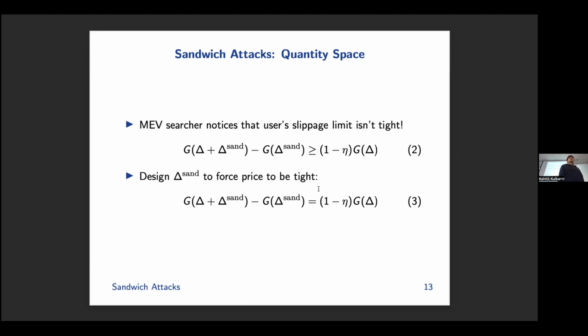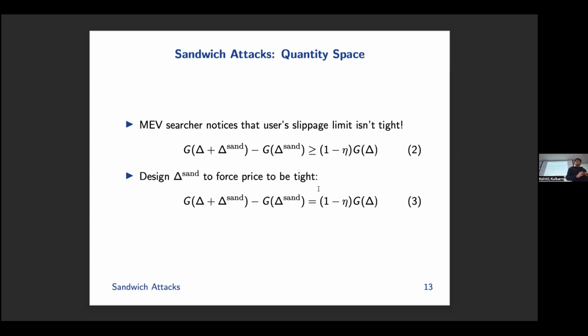Yes, there are cases where the sandwich attacker estimates a smaller eta than the user actually submitted, in which case you can get phenomena like the sandwich attacker themselves getting sandwiched by another person who realizes that there's additional slack in this eta.